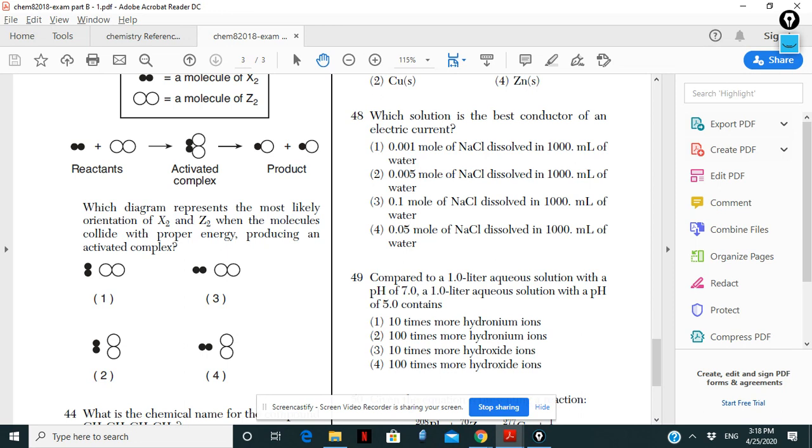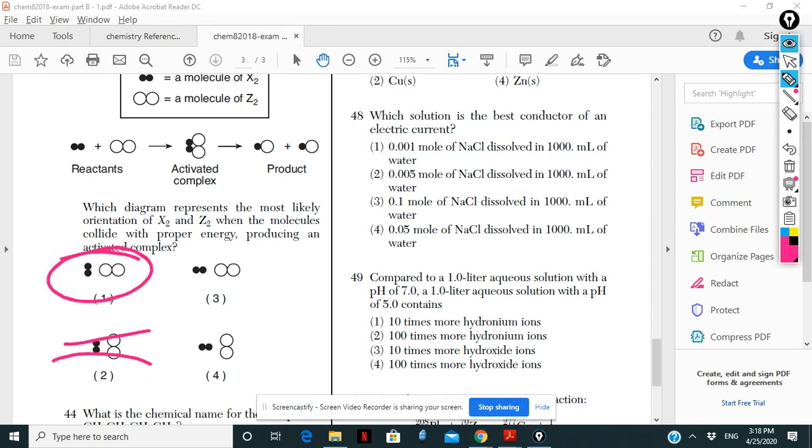To collide together, the most appropriate one is where every atom hits another atom. Like here, I don't have the same ratios. And looking here, it's showing the activated complex, meaning each atom hits the other atom. So the answer is going to be 2.